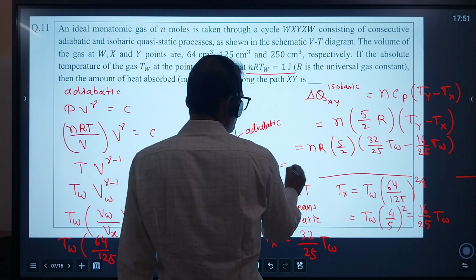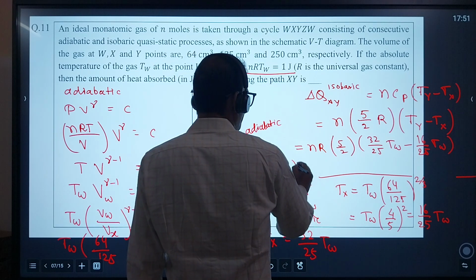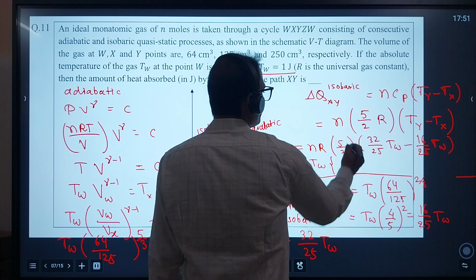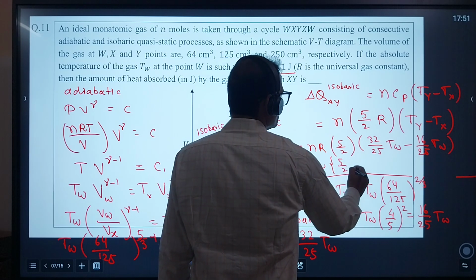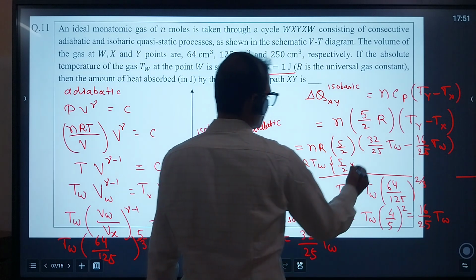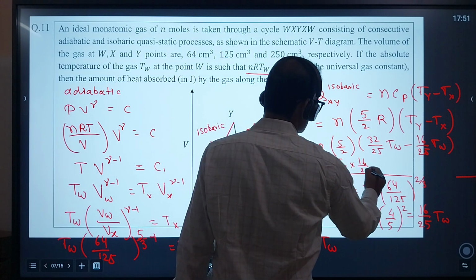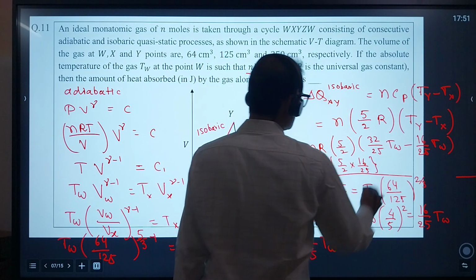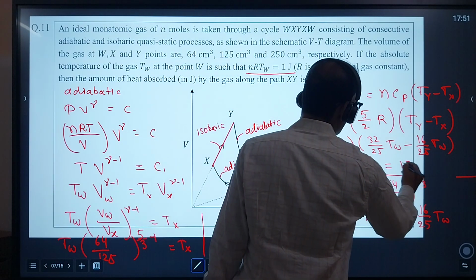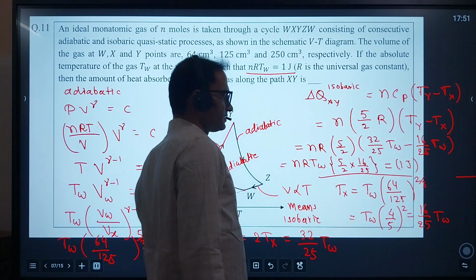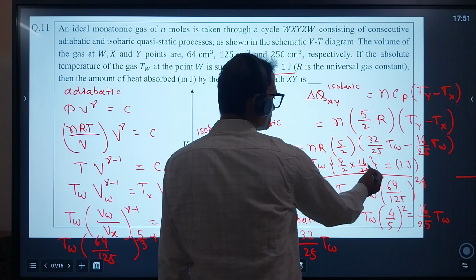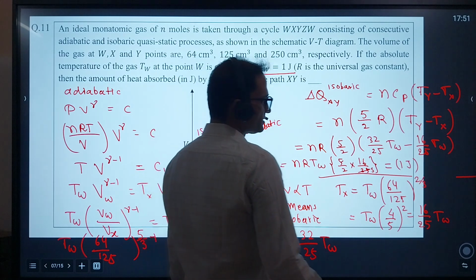If you do the calculation, you get nRTw times 5 by 2 times 16 by 25. nRTw is given as 1 joule in the problem, so the 5 cancels and we get 1.6.